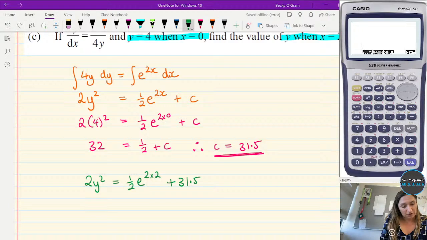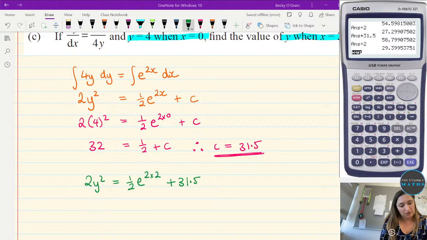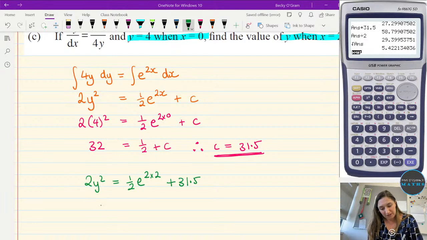Let's go e to the 4 is going to get divided by 2. Then we add on 31.5. Then we'll divide it by 2. Then we'll square root it. And y equals 5.42.